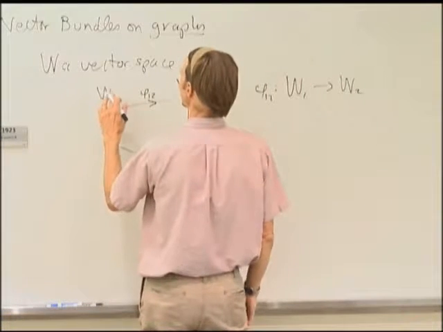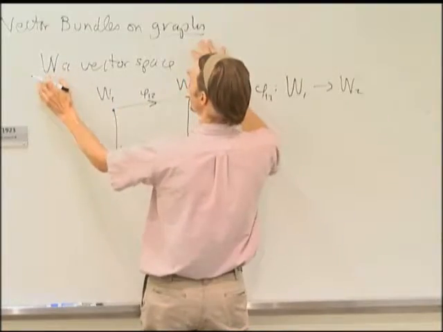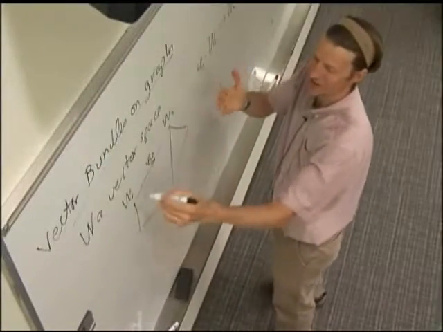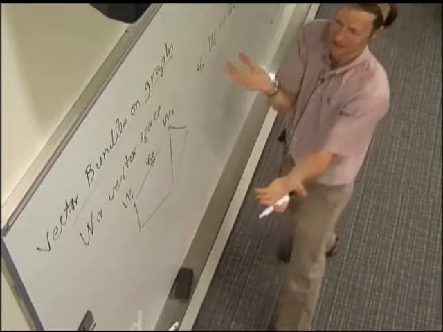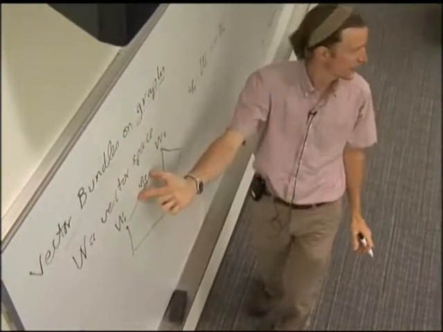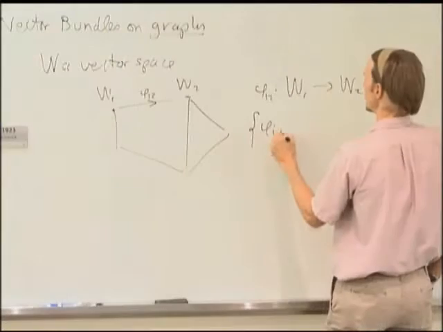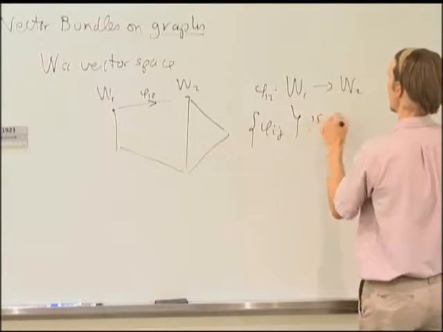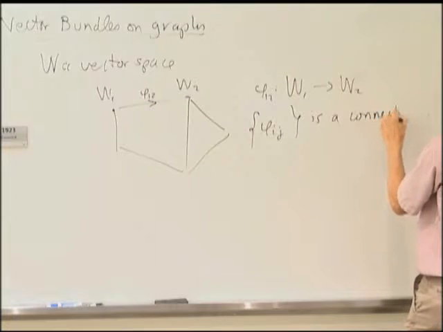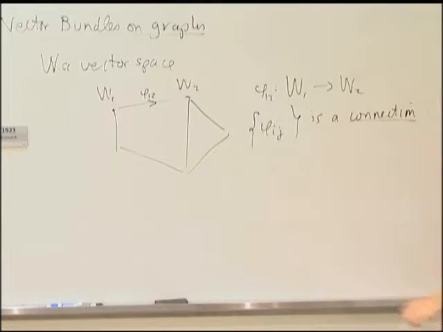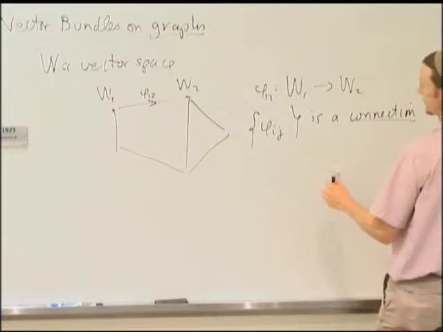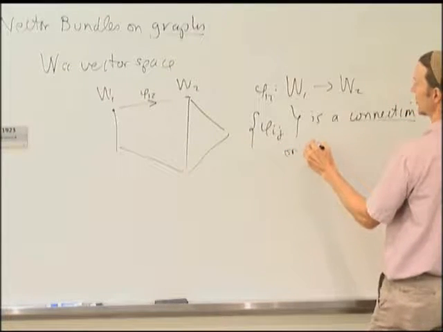Sorry, let me get the terminology right. Once I've assigned a vector space to each vertex, that is a vector bundle. But the choices of isomorphism, that's called a connection. So the set of phi ij is a connection. That's the connection in the same sense as differential geometry on the bundle.